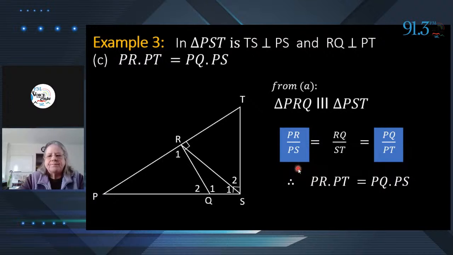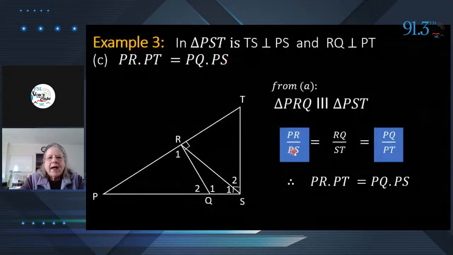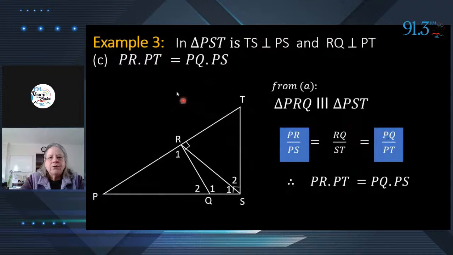And now we match again. So now we see, in the question they're talking about PR and PS, and they talk about PQ and PT. So this time we will need this part of the equation, and we can discard this. Because it's a multiply, we're not working with ratios now like in the B part.